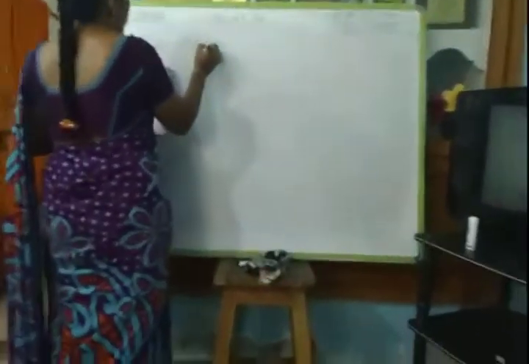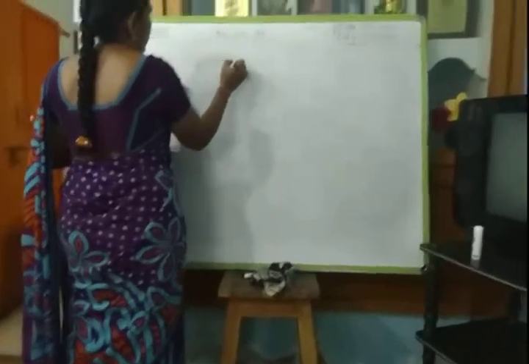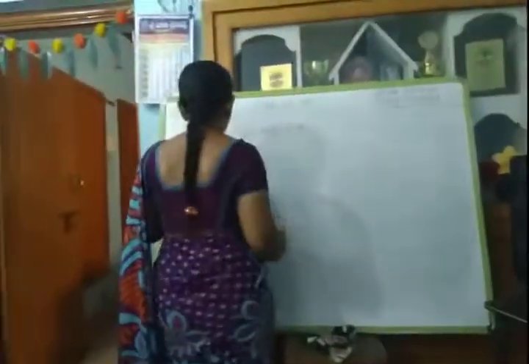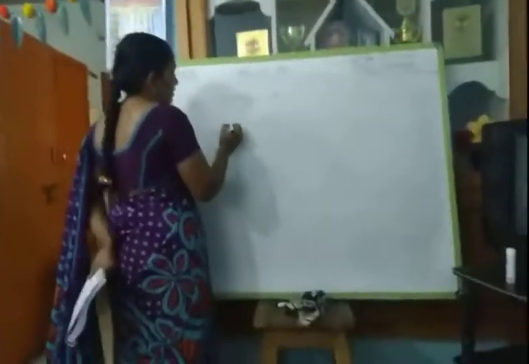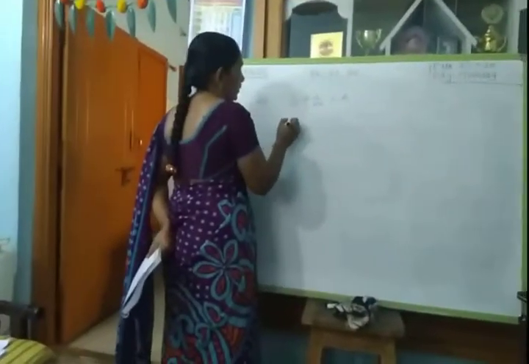1 by 15 plus 1 by 210 is equal to A. First find the A value. What will you get? LCM is 210 only.